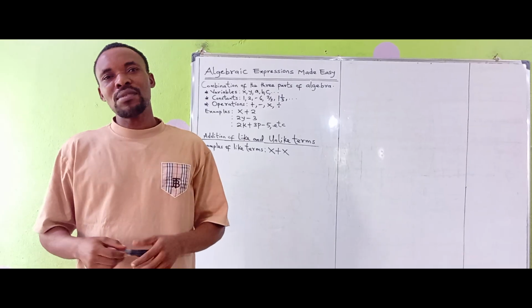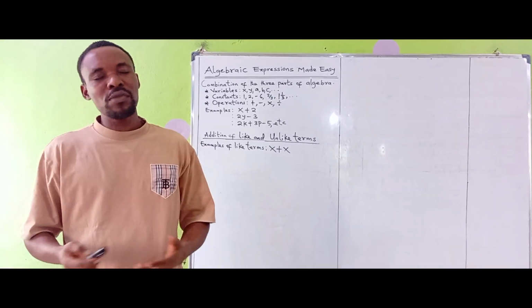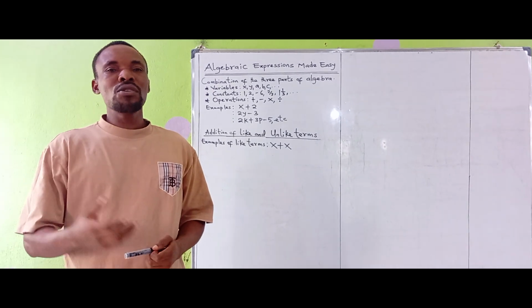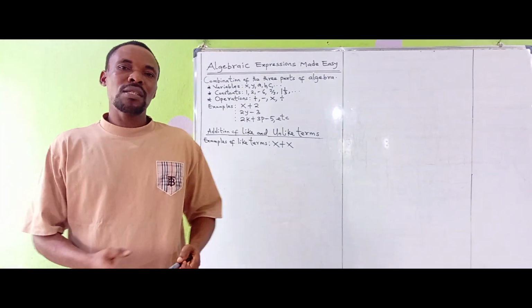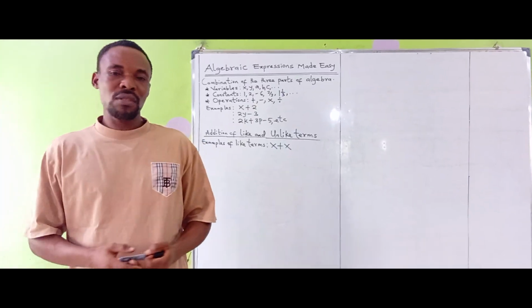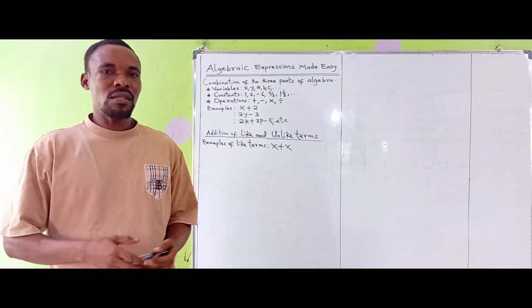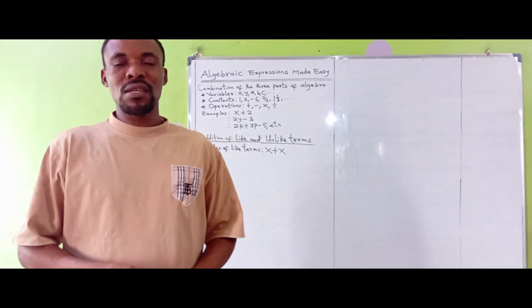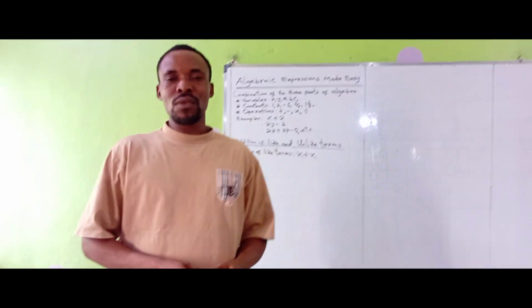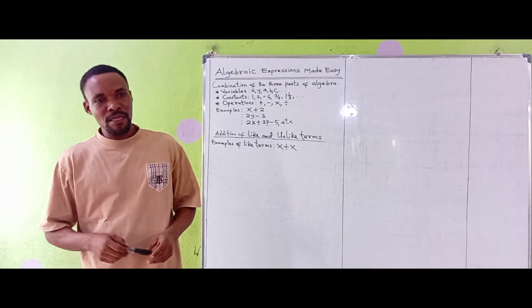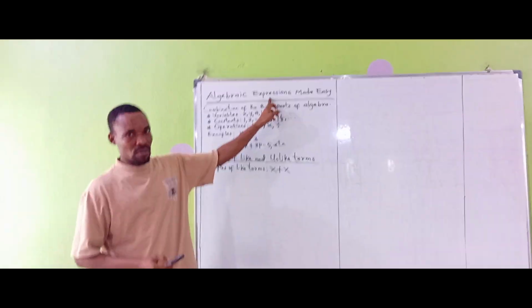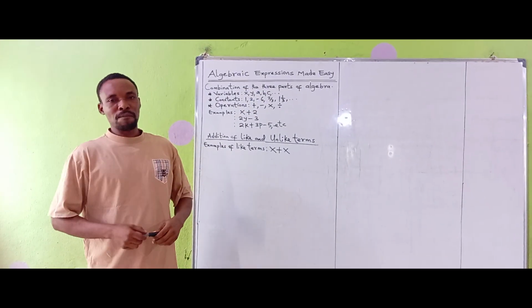Those letters can be X, can be Y, it could be any letter of the English alphabet. We use them to represent unknowns. Where are these unknowns found? They could be found in expressions, in equations, and as well as in functions. But today, specifically, we'll be looking at algebraic expressions. That is our focus for today.